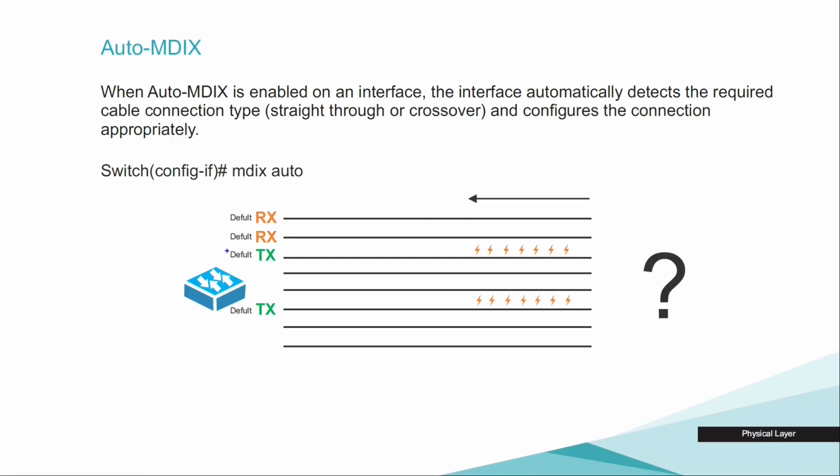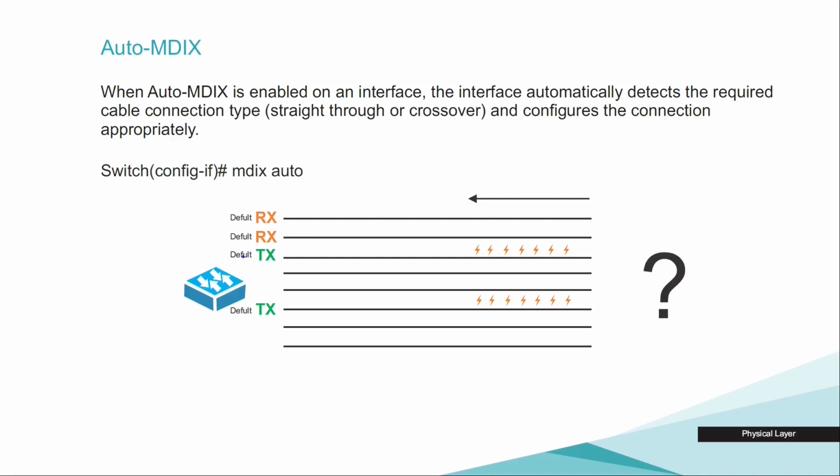When Auto-MDIX is enabled on the interface, and it's enabled by default, the interface will automatically detect the required cable connection type. Then it will configure the connection appropriately. The command to enable Auto-MDIX is mdix auto. So you can go under the interface configuration and type this command, mdix auto, which is already configured by default.